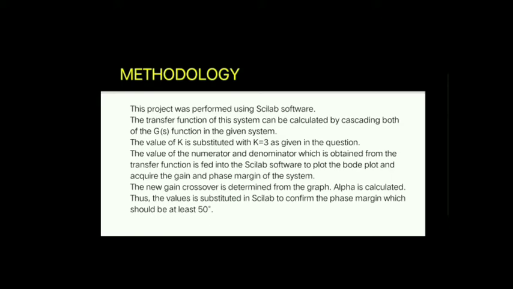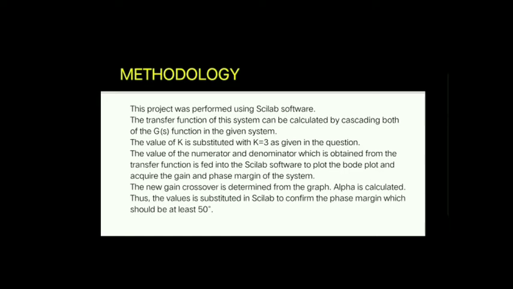The values of the numerator and denominator, which are obtained from the transfer function, are fed into the Scilab software to plot the Bode plot and acquire the gain and phase margin of the system.